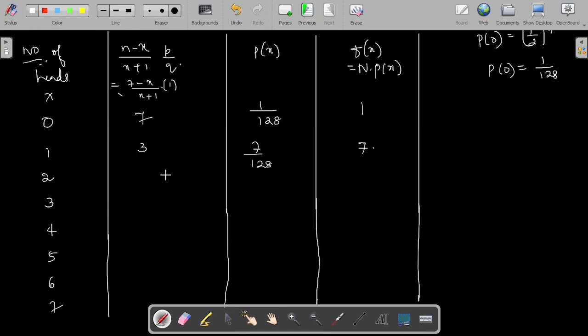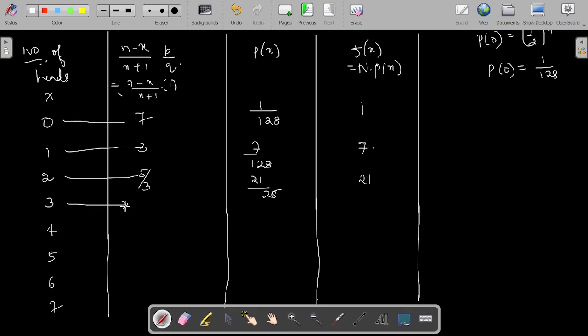Similarly, put x equal to 2 here. 7 minus 2 is 5, by 3. So this gives you 5 by 3. Then multiply these two: 3 into 7 by 128, which is 21 by 128, which gives you 21 here. This is for 0, this is for 1, this is for 2, now this is for 3.